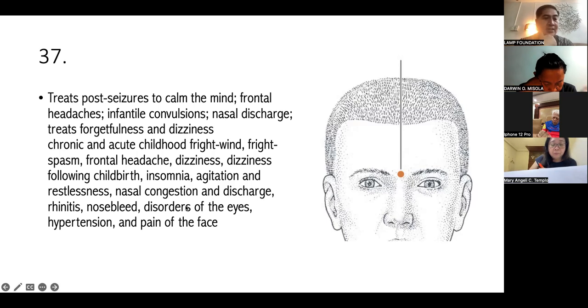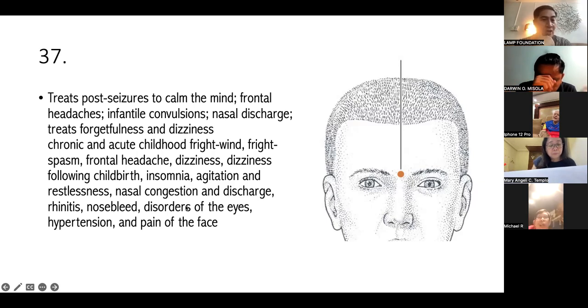Treats forgetfulness and dizziness, o diba? Very effective. Ang daming uses. Chronic and acute childhood fright, fright spasm, frontal headache, dizziness following childbirth, insomnia, agitation and restlessness, nasal congestion and discharge, rhinitis, nosebleed, disorders of the eyes, hypertension, and pain of the face. So it's more of pangpakalma.